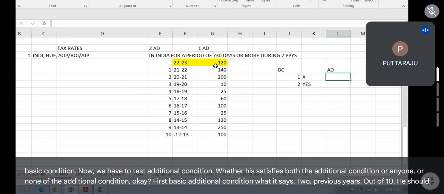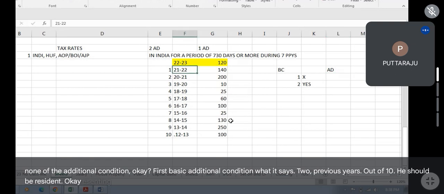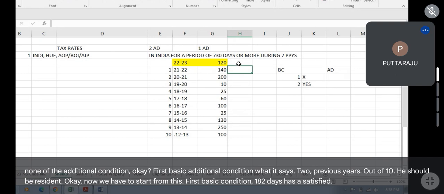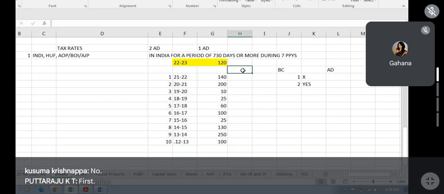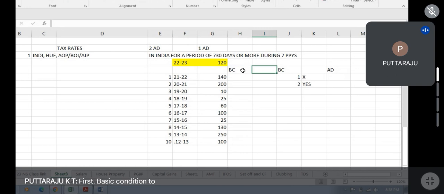Now we have to start from this. Has he satisfied the first basic condition of 182 days? No. To test the additional condition, basic condition 1 and basic condition 2.